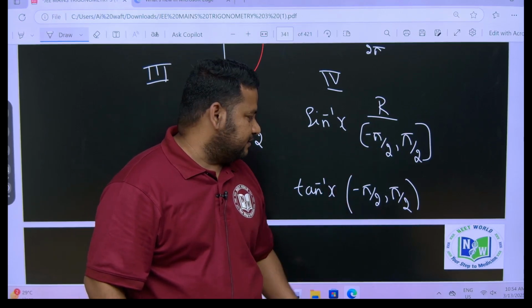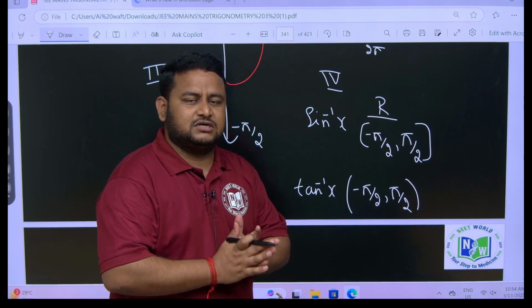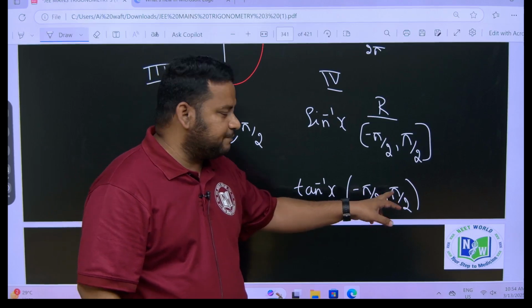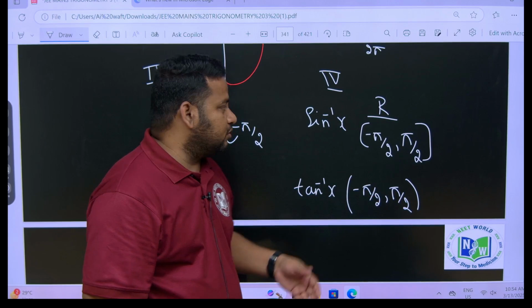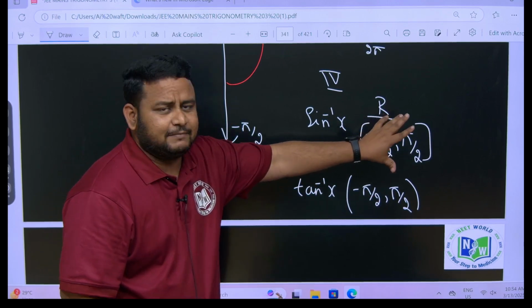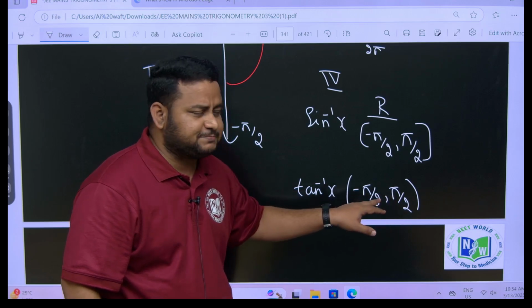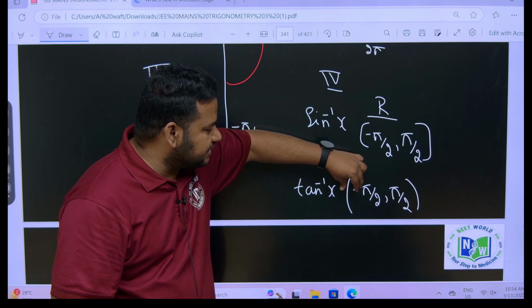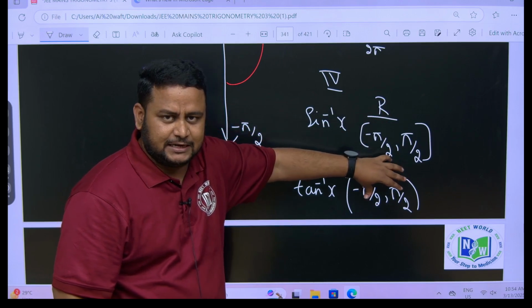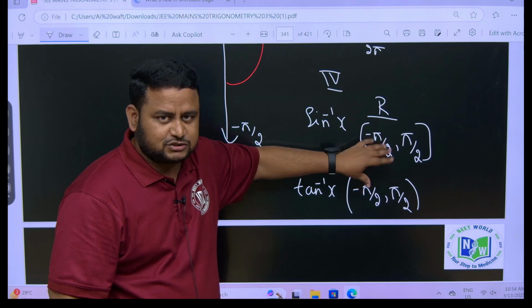Why? Because tan inverse of x at the endpoints will give you an undefined value, so you have to exclude the endpoints. Here minus pi by 2 and plus pi by 2 are included, but here they are excluded. You have to take the values in between.